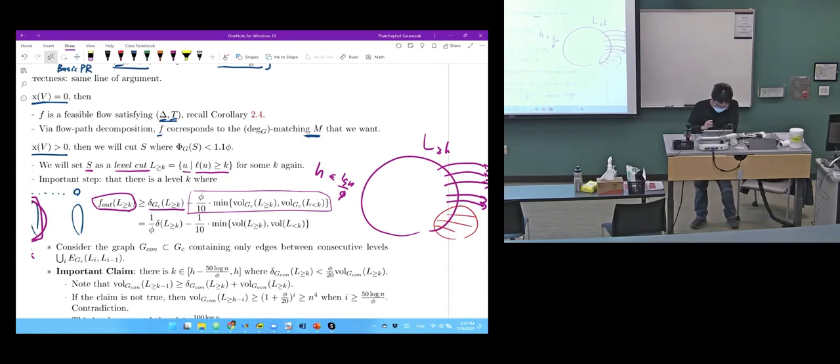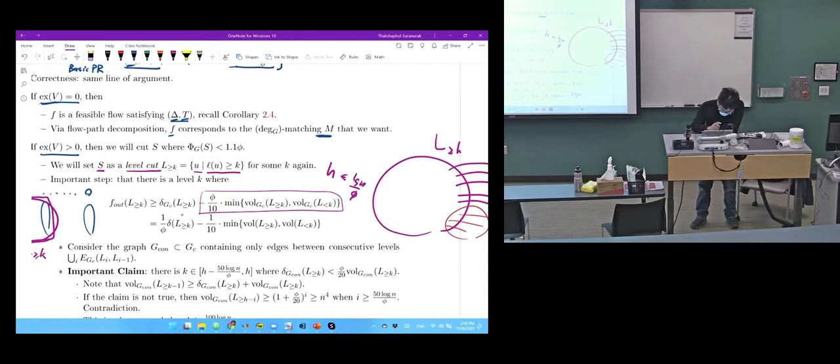And to be more specific, I claim that this thing is at least the cut size. Note that we work in GC, right? That's why it's the cut size in GC, minus this term that depends on the volume of a cut. So if this is the case, then because GC has capacity 1/5 per h, now this thing is exactly this thing.